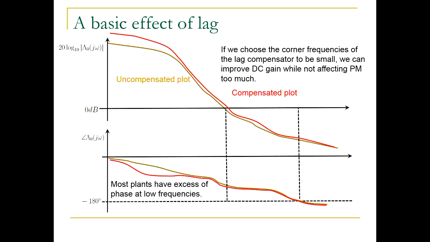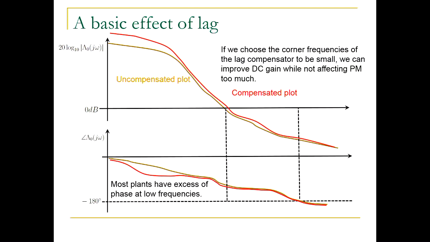So in this case, you can get this sort of situation. So still, corner frequencies of the compensator have to be placed far away from the crossover frequency so that they do not screw up the phase margin around crossover.